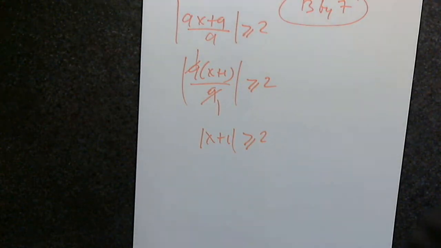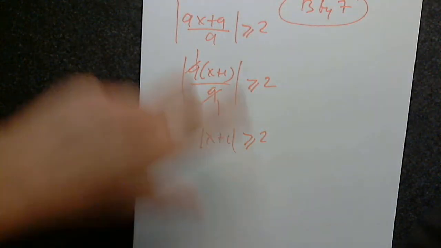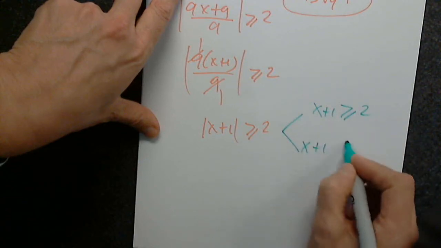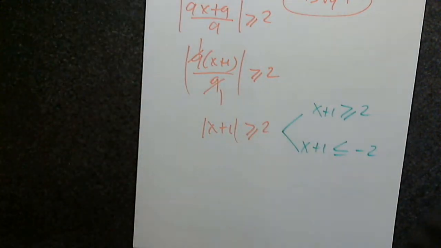Remember, for absolute value inequalities, we only have 2 possibilities: this one, smaller than, or this one, bigger than. Which one is it? Correct. So then we have x plus 1 greater than or equal to 2, or x plus 1 less than or equal to negative 2. This is problem 5.